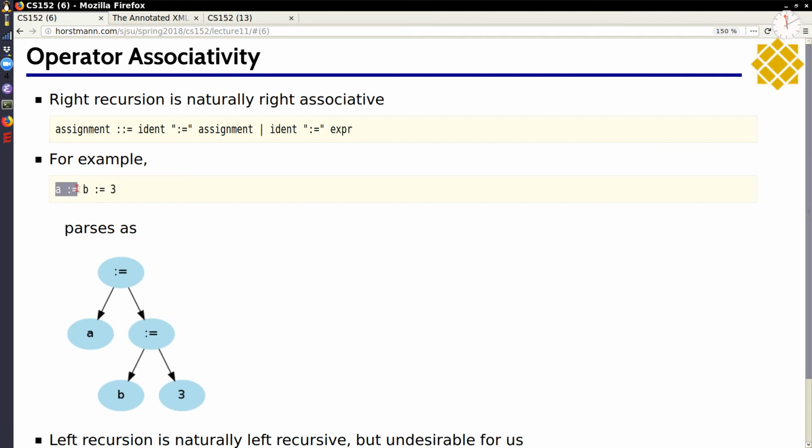And this one here is the first case where you have identifier colon equal followed by an entire assignment. And this will now parse naturally the right way, because if we parse it, we get an identifier, a colon equal, and then an assignment, and that is the thing over here. So it works. It builds the right parse tree automatically.